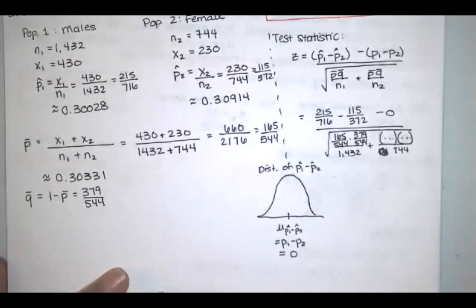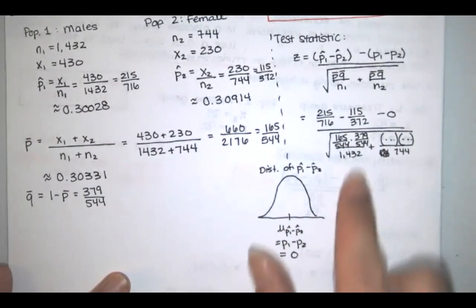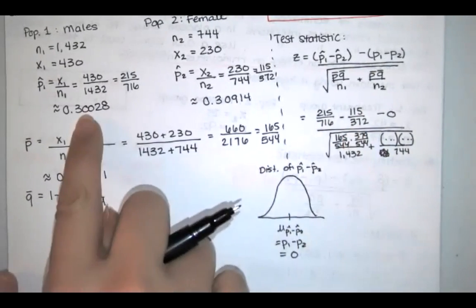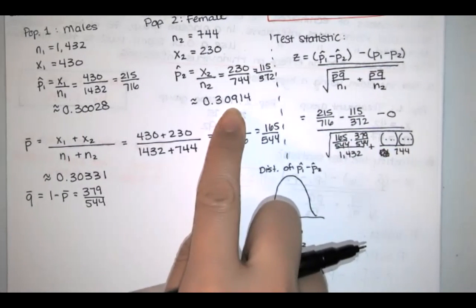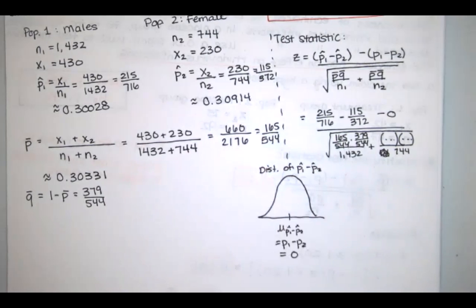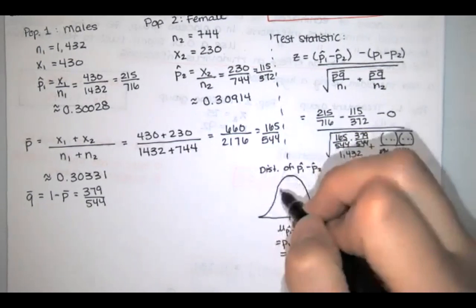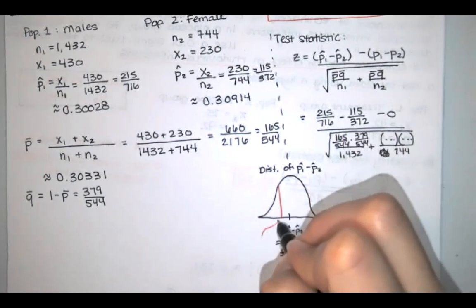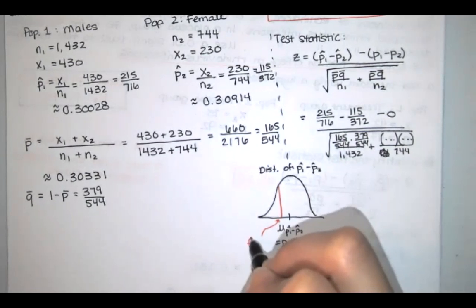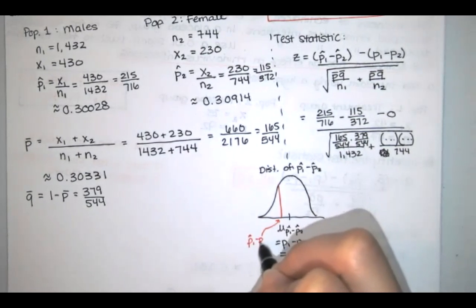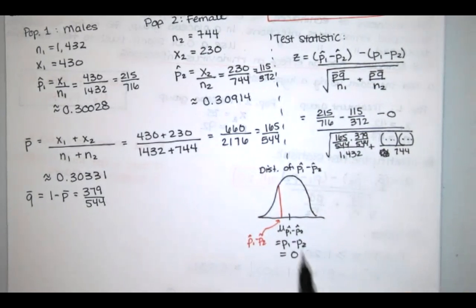And the question is, okay, this P1 hat minus P2 hat, this value minus this value, it's going to be about negative 0.009 approximately. Is that value P1 hat minus P2 hat, which is negative in this case, significantly low given that the null hypothesis is true?